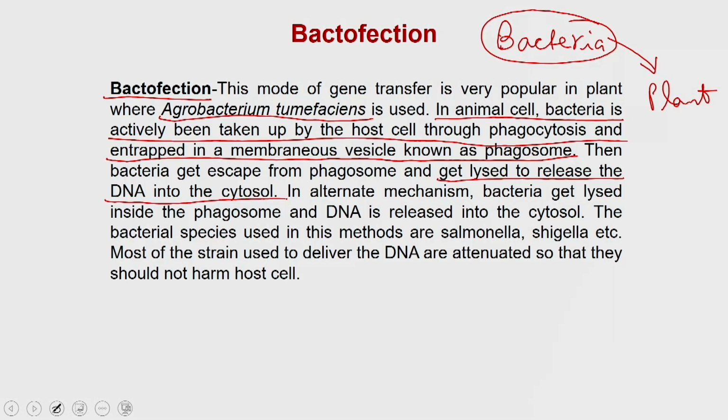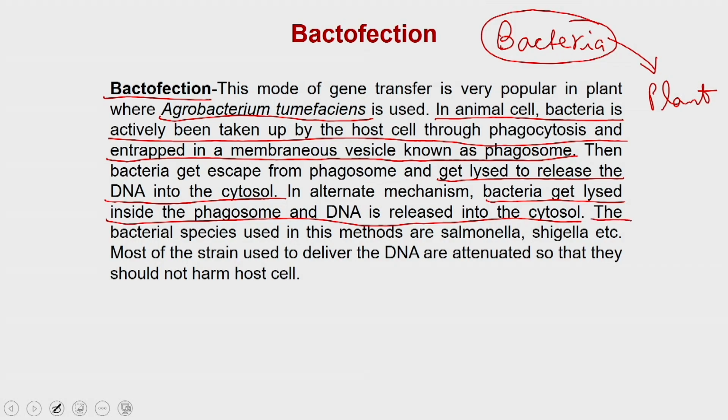In some cases the bacteria get lysed inside the phagosome and the DNA is released into the cytosol. So both mechanisms are possible: the bacteria escape from the phagosome and then get lysed when they reach the cytosol, and that's how they deliver the DNA into the cytosol, and ultimately the DNA will reach the nucleus to express the recombinant gene.